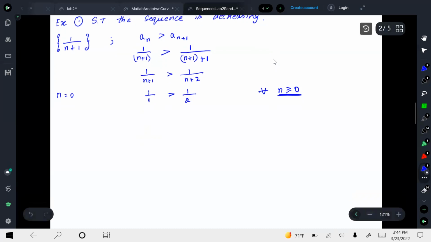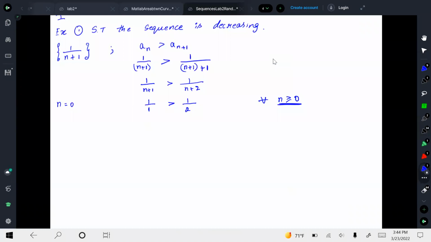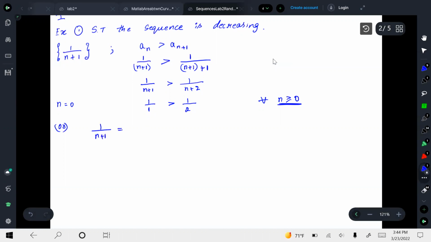So this is one way of showing the sequence is decreasing. Or, in a simple way, you can start plugging in n values from 0. For n equal to 0, you get 1 by 1, which is 1. For n equal to 1, you get 1 by 2.